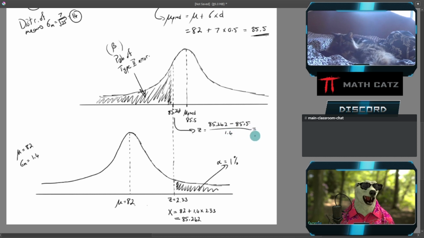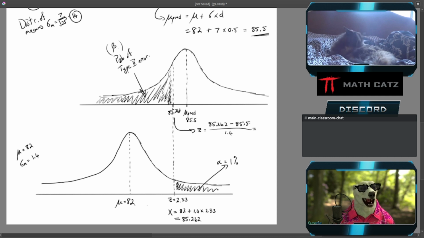So let's see what we get. We're calculating. We are using brackets. 85.262 minus 85.5. Very slight, but there is a gap.